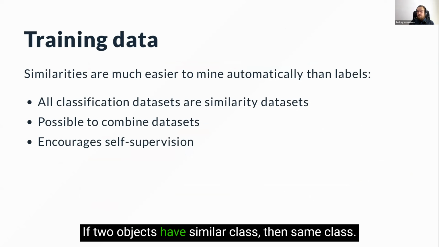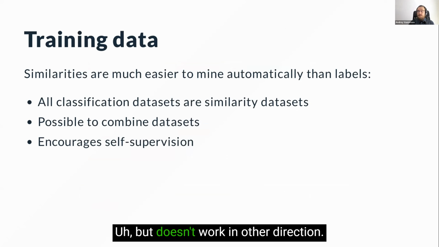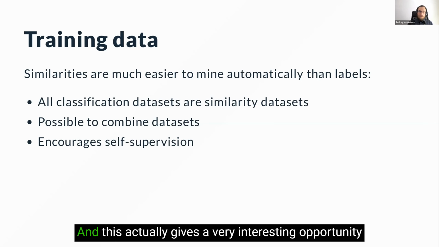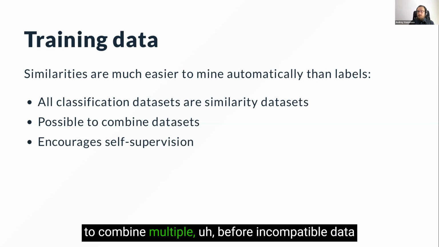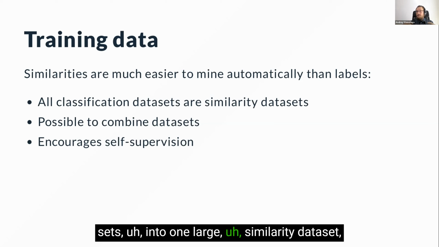If two objects have the same class, then in some cases they are also similar. But it doesn't work in the other direction. You cannot use a similarity data set to train a regular classifier, because you might not even have this information. And this gives a very interesting opportunity to combine multiple previously incompatible data sets into one large similarity data set, which could be used to train more robust models.